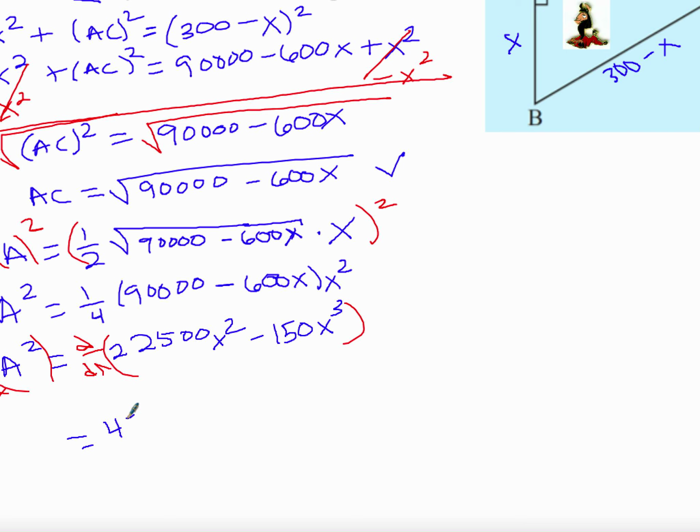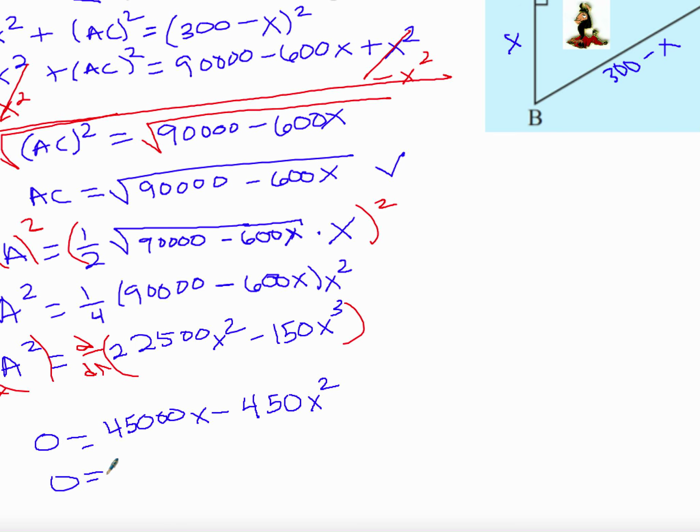So I'm going to get 45,000 x. 3 times negative 150 is negative 450 x squared. And we're going to set it equal to 0 to find our maximum value. You might notice that they definitely have some things in common.